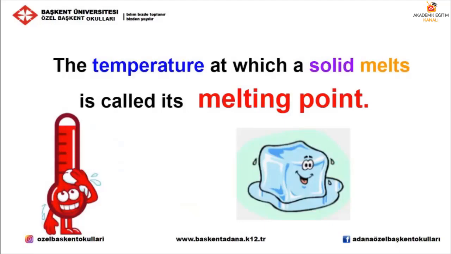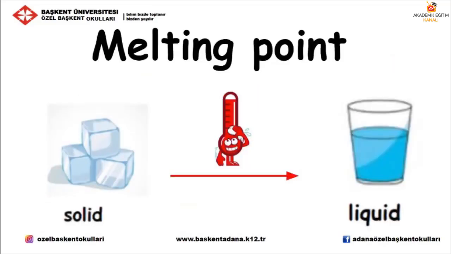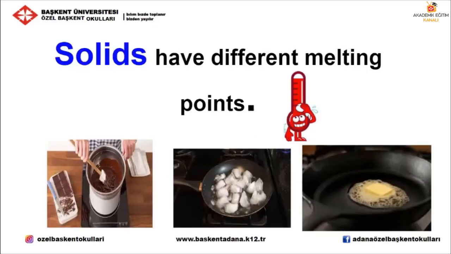The temperature at which a solid melts is called its melting point. These ice cubes, when they reach their melting point or get hot enough, will turn into water. These solids have different melting points. This chocolate, these ice cubes, and this butter all have a different temperature that they will melt at.